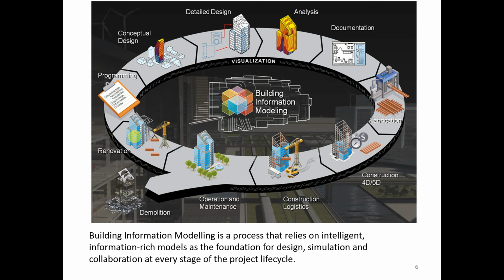So essentially that's what building information modelling is. Okay. So any questions on that? And I guess you have to draw the distinction between Revit and building information modelling. So what is Revit? What is building information modelling?